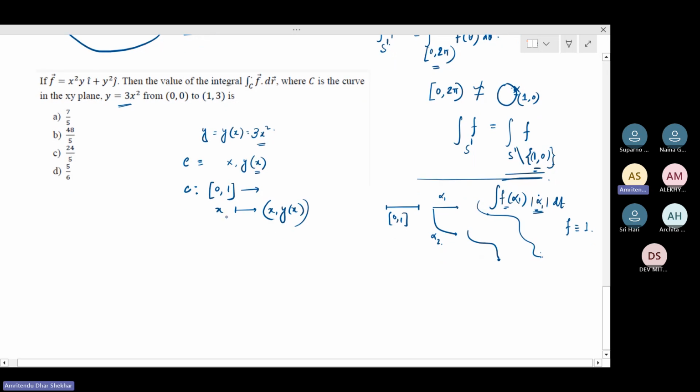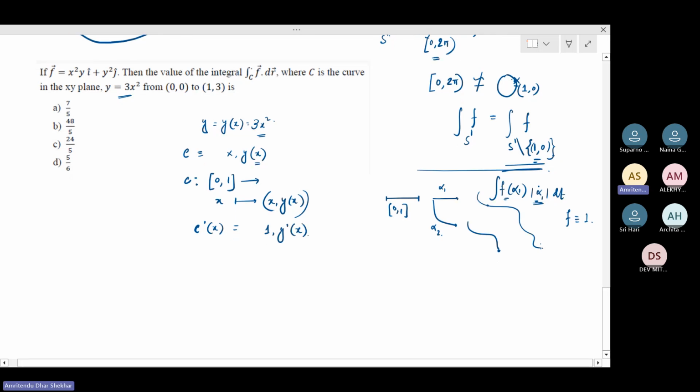So now you can compute the derivative, which is c dash x. So c dash x is equal to (1, y dash x), right? And so the norm of this c dash x, you don't need to compute the norm. You have a vector field over here.